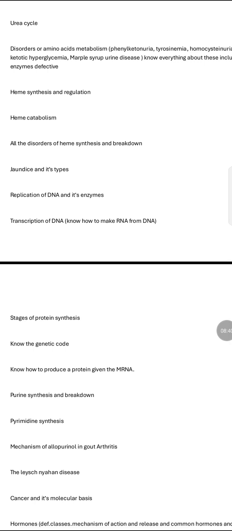Heme synthesis and regulation. What is heme? Okay. And how do we synthesize heme? How do we break down heme? That's heme catabolism. Heme catabolism leads to bilirubin in the end. Okay. There's bilirubin production, and that bilirubin will simply go and accumulate in, for instance, under the skin, in the sclera.